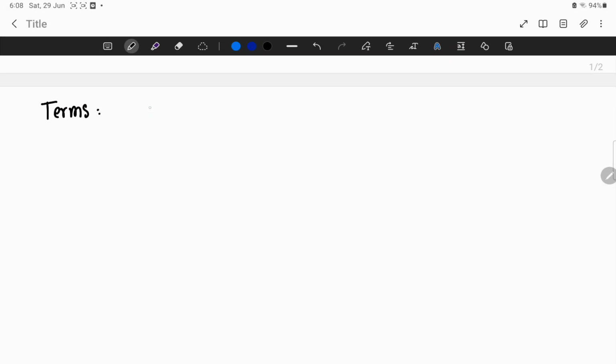So if you have the ratio p is to q, then p square is to q square, I'm just going to use this symbol here, is called the duplicate ratio.